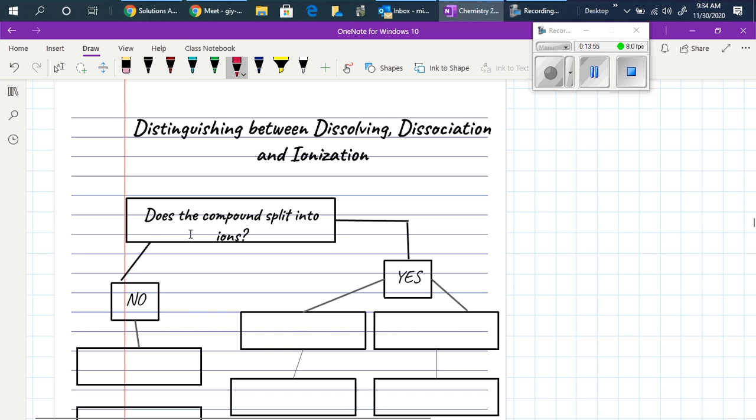So the question that you will ask is, does the compound split into ions? If no, then it's a molecular compound, which means that it's a non-electrolyte. It doesn't conduct electricity. And if yes, it is an electrolyte, which means that it conducts electricity and forms ions.